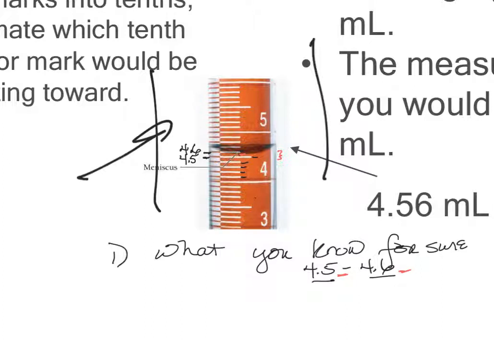So I might say, let's see, to me that looks like 4.57, okay, milliliters or whatever, okay? So somebody else might say 4.58, 4.59, so there is going to be some uncertainty in that digit. So that's what you're going to do. Write down what you know for sure and add one more digit.